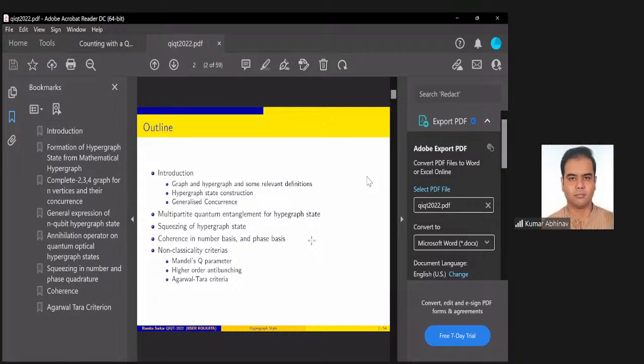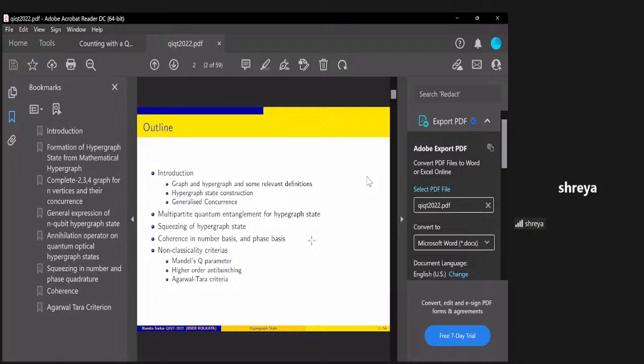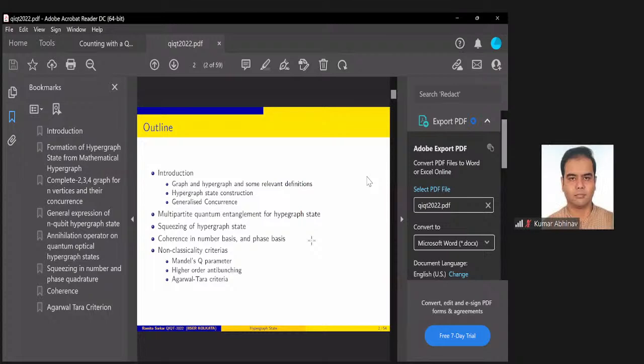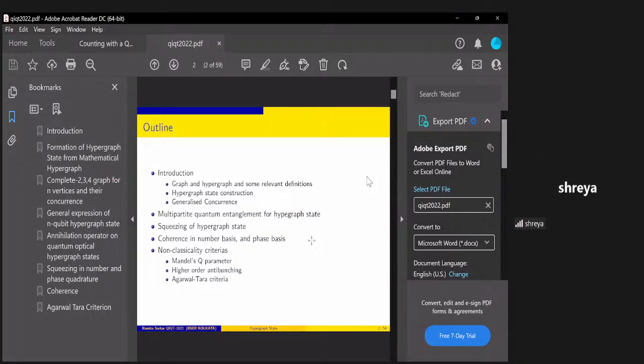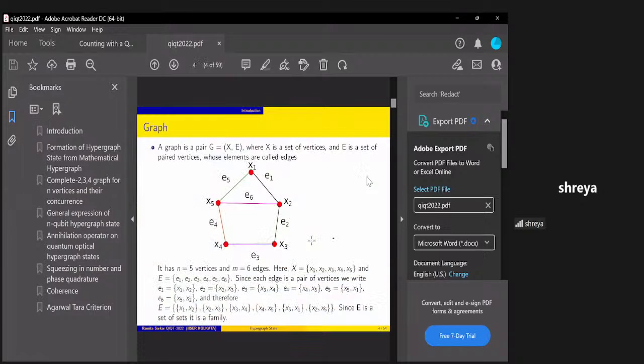Squeezing and coherence is another criterion, like non-classicality criteria: Mandel Q parameter, higher order anti-bunching, Agarwal-Tara criteria, and so on. Firstly, we define a graph. A graph is a pair of sets in which X is the set of vertices and E is the set of pairs of vertices, that is the edge set, whose elements are themselves edges.